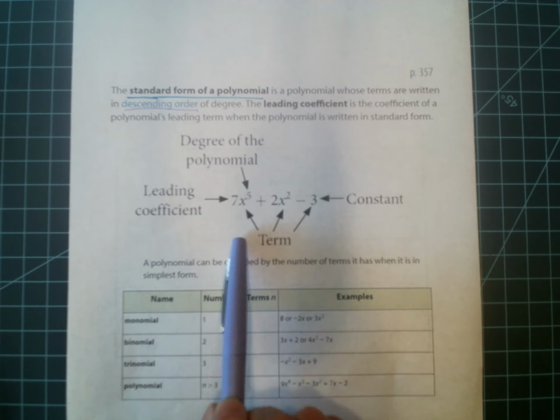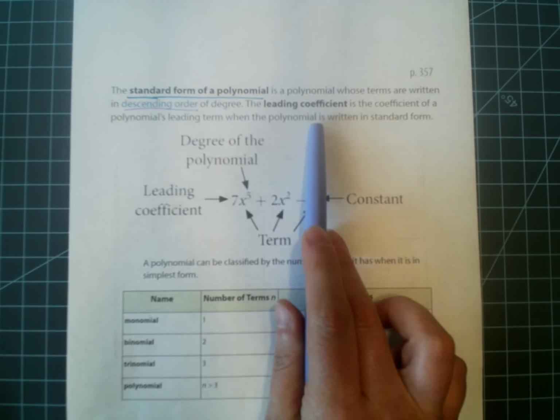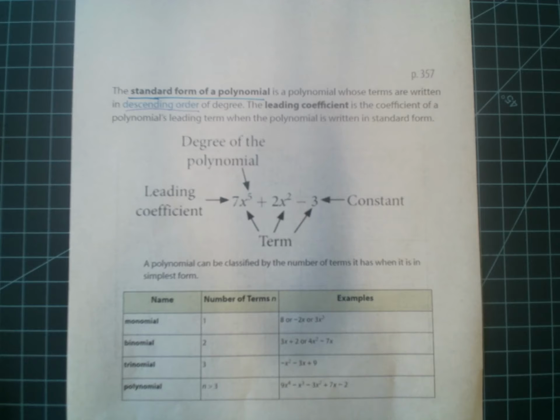The leading coefficient is the coefficient of the polynomial's leading term when the polynomial is written in standard form.